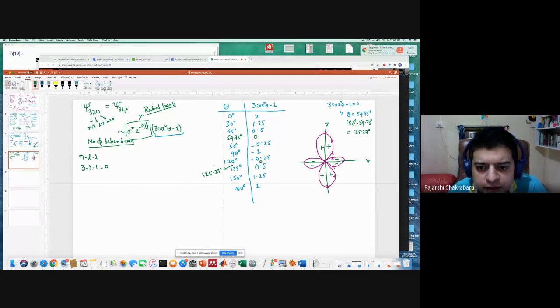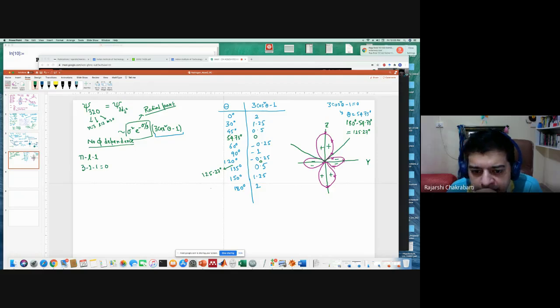Now, if I go to 54.73, which is somewhere here, I know that this is the angle, maybe this is the 54.73, this angle. Any point on this angle, the value of the function is 0. But this is also there on the other side, isn't it? Like this, it's not very well drawn.